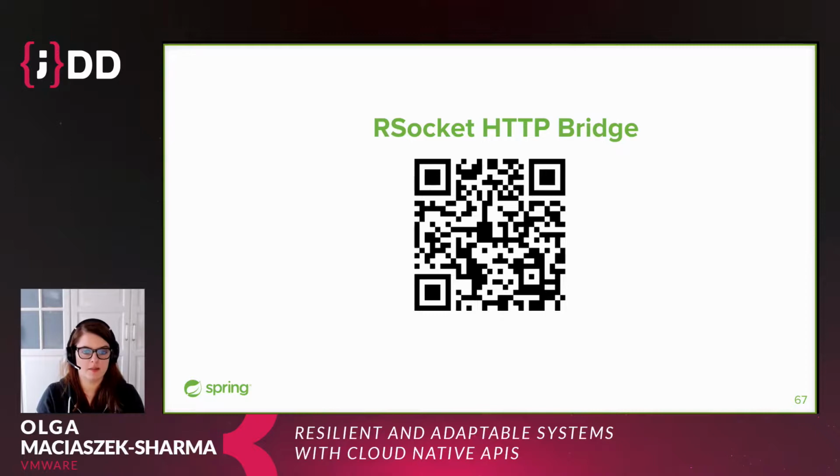Obviously, this can be built by anybody, but as we want to popularize RSocket more and more, we were going to make it easier for everyone. Just around 3 months ago, we developed the RSocket HTTP bridge that does just that. And this is something that we will see in the demo shortly.